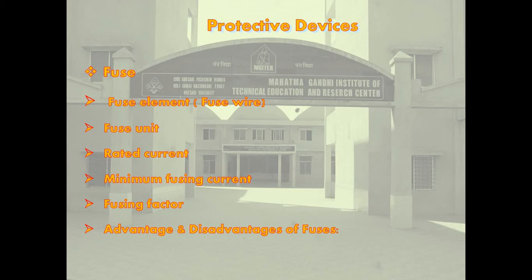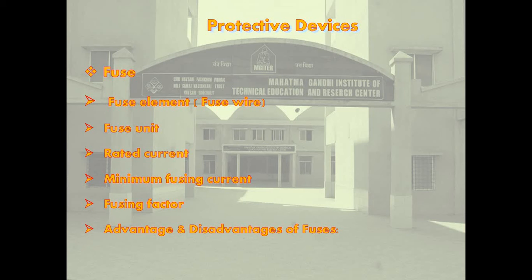Like in lead, the melting point is 328 degrees Celsius and specific resistance is 21.5. Tin has a melting point of 230 degrees Celsius, and 11.2 is the specific resistance. Its unit is ohm centimeters. In silver, the melting point is 960 degrees Celsius, and specific resistance is 1.64.